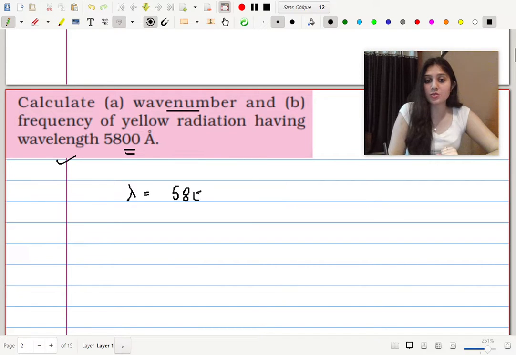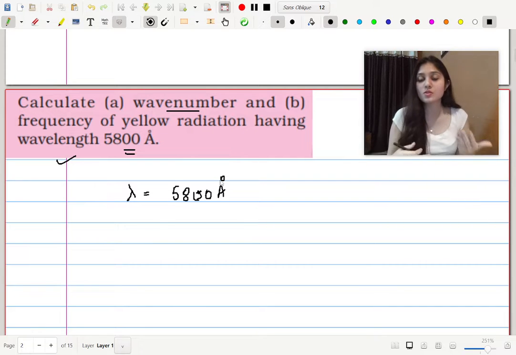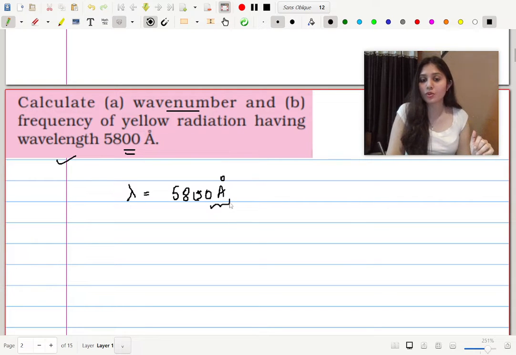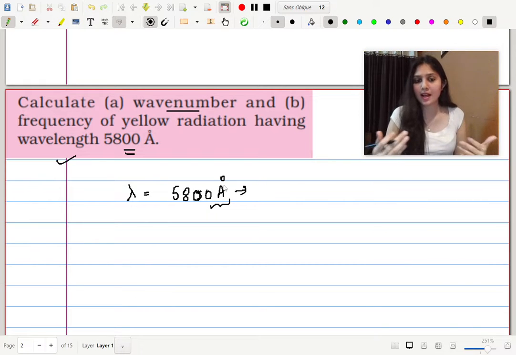This is 58000 angstrom. But something which I will also say is, stick to your comfort zone in life as well as in numericals. Of course, angstrom is not a unit which you're comfortable with, unless we're talking about psychopaths there. Okay, no more kidding. So of course, angstrom as a unit is not very comfortable, right? So we'll just convert it into a comfortable unit, which is 5800 into 10 to the power minus 10 meters.